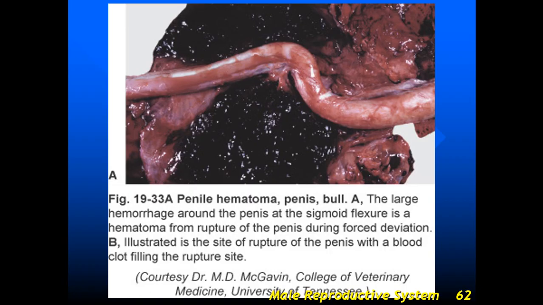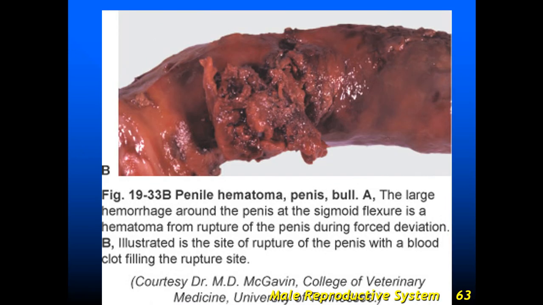There is some disturbance in the intromission of the penis into the vulva, and it causes trauma, and the trauma causes hemorrhages like this. Here, this is also penile hematoma, which can also cause extreme necrosis on the surface of the penis.